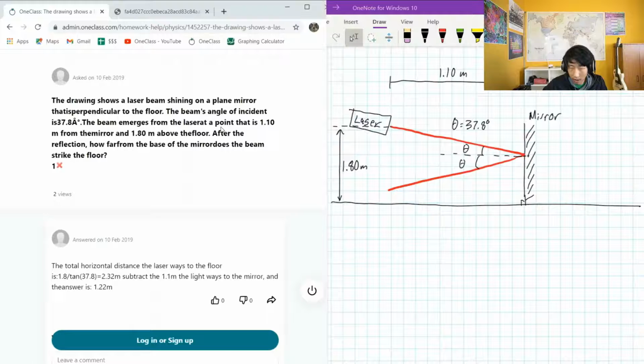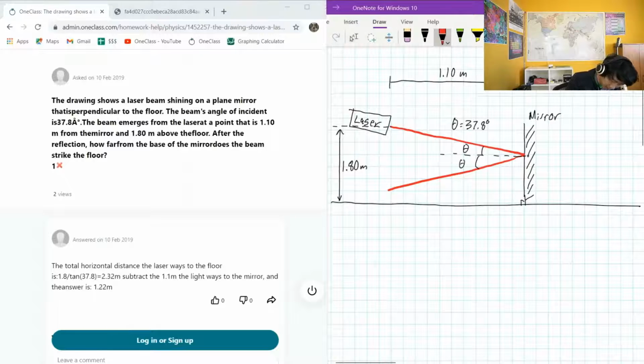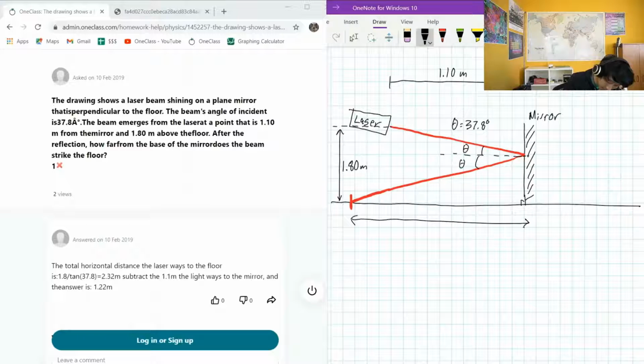How far from the mirror does the beam strike the floor? Okay, so this is what it's asking. The laser has to be above it, otherwise the laser would hit the ceiling. So I guess the laser continues to follow this path. At this point right there, it is asking what is this distance?